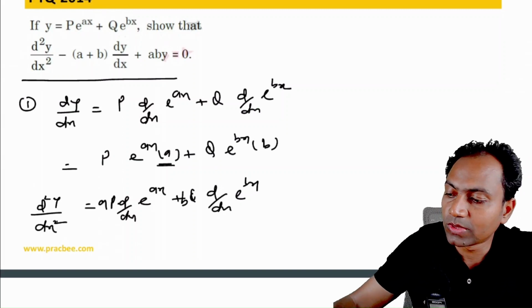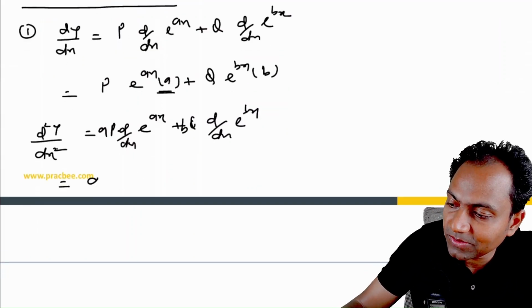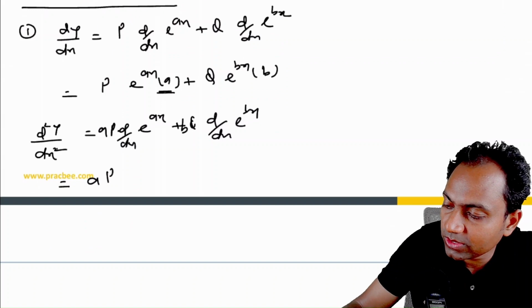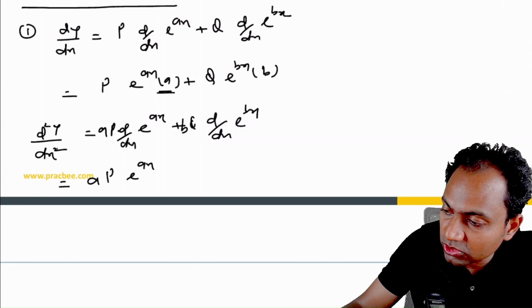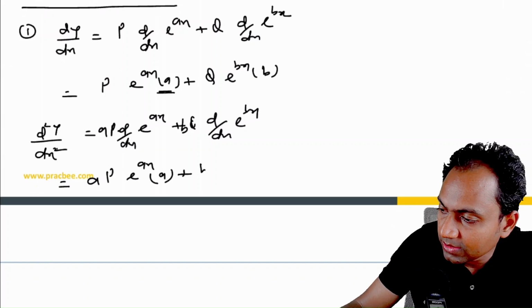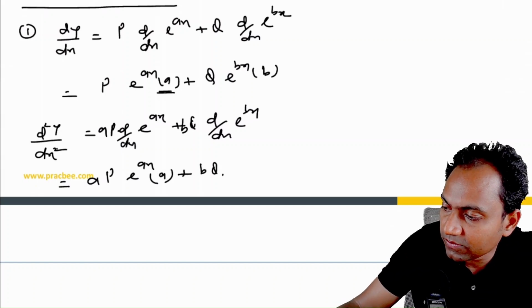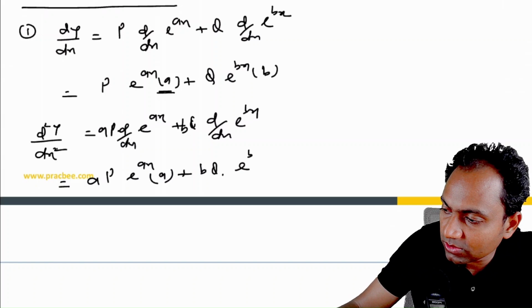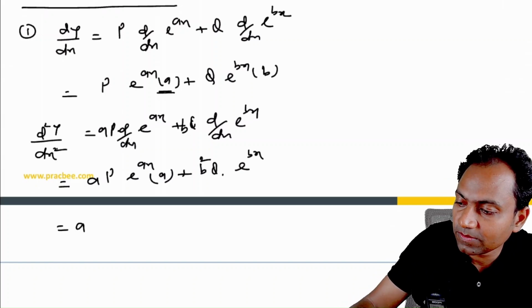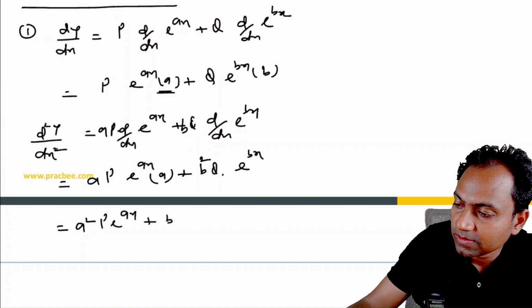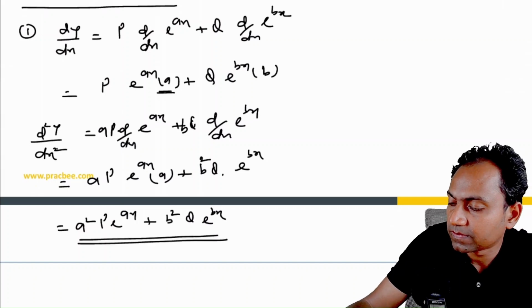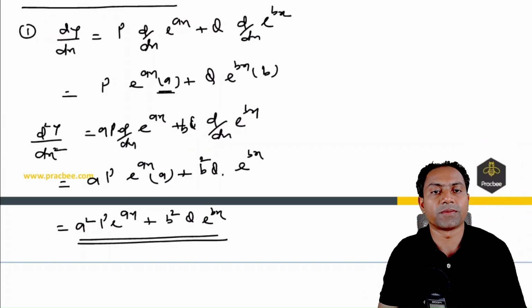Once we do that, it becomes nothing but a into p into e raised to the power ax. Differentiation of ax is nothing but a. This is b into q. And differentiation of bx is nothing but e raised to the power bx into b. That becomes b square. So it is nothing but a square p e raised to the power ax plus b square q e raised to the power bx. Okay, this is what we are getting from here.